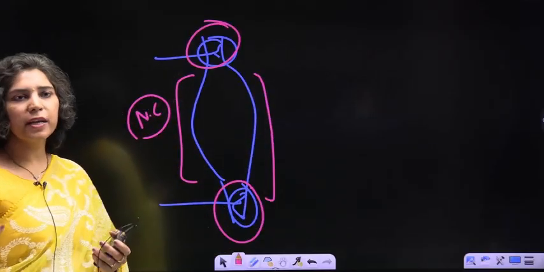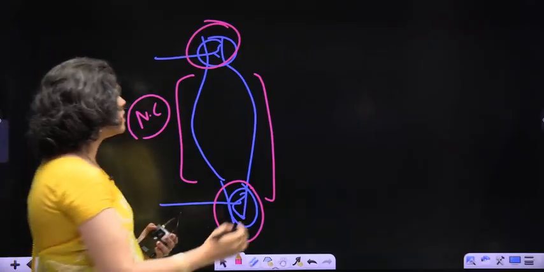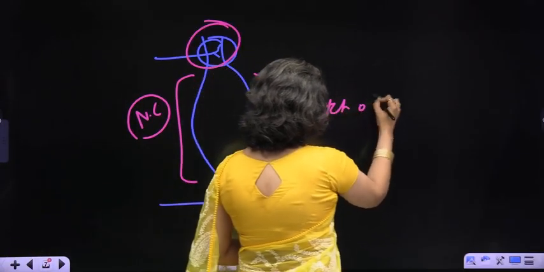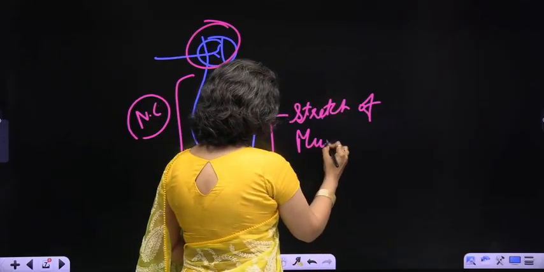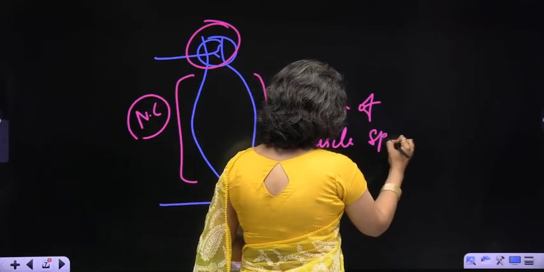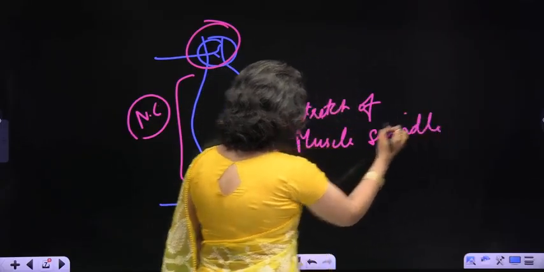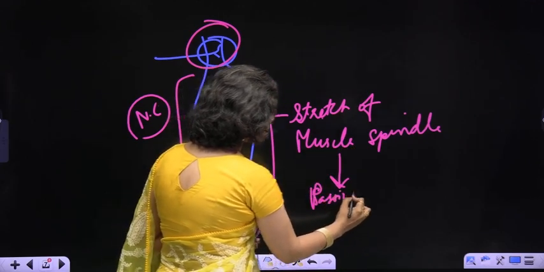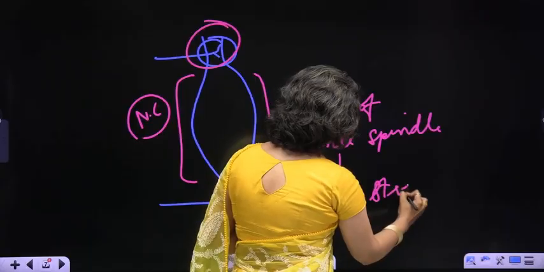Once the muscle spindle undergoes stretching, there is passive stretch of the muscle as well. Stretch of the muscle spindle leads to passive stretch of extrafusal fibers also.